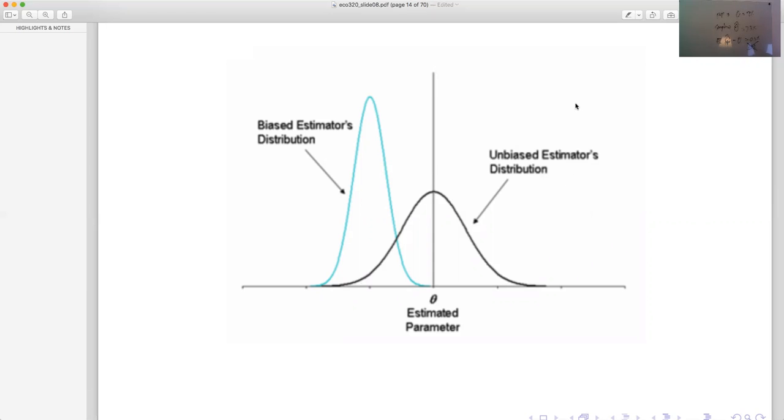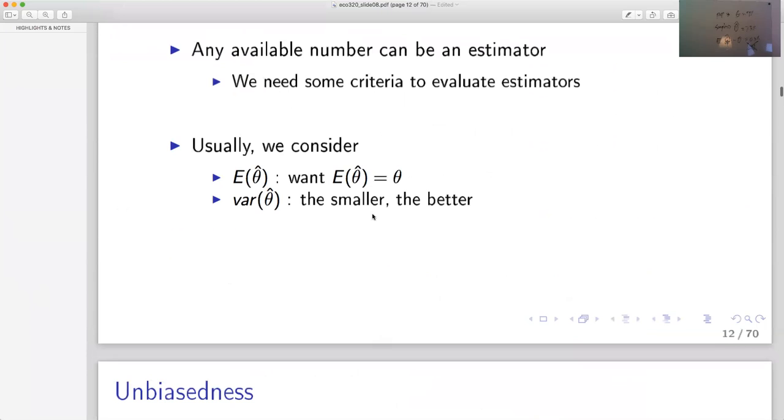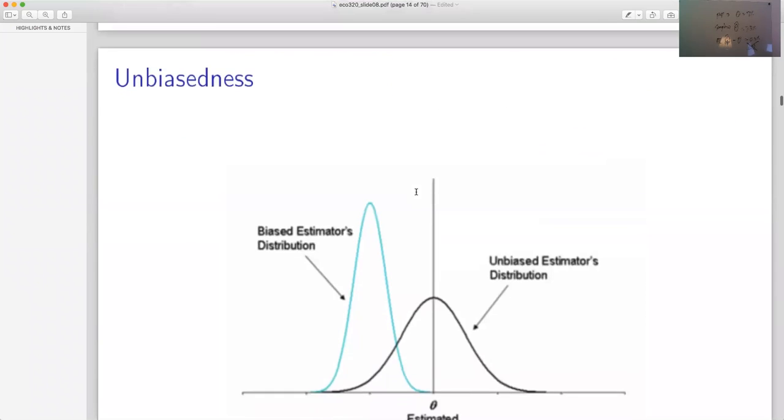But notice something. Which one is more widely spread? It's this one. But this one has a lower variance, or the spread is much smaller. Again, we said the smaller the better, right? But on the other hand, we also don't want to have any bias. So it's a trade-off.